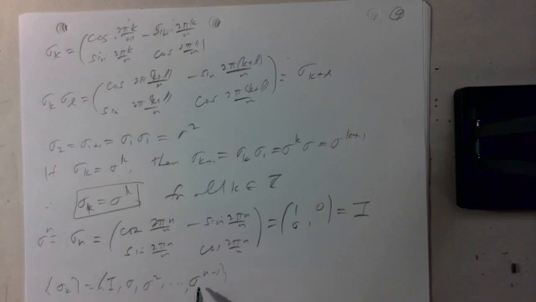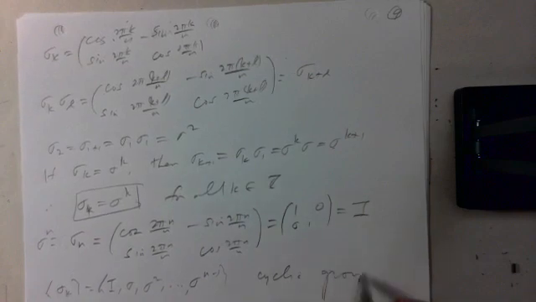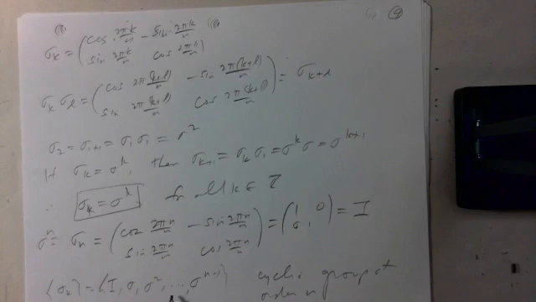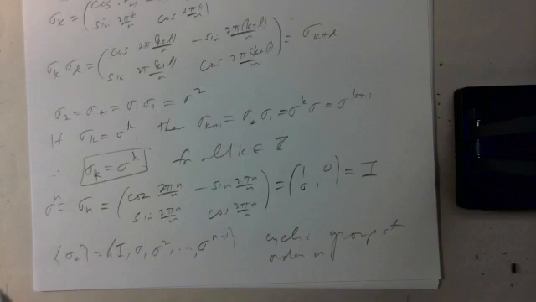Any higher power, sigma to the n, is the identity. It just repeats. So this is a cyclic group of order n. If you take sigma to the n plus 1, that's the same as sigma. And all cyclic groups are abelian? Yes.